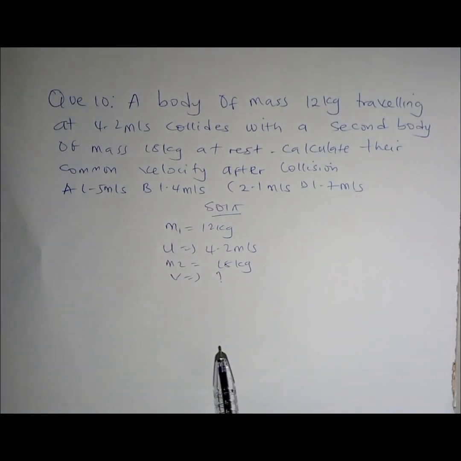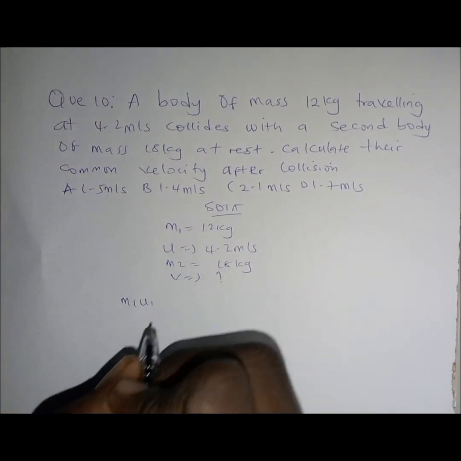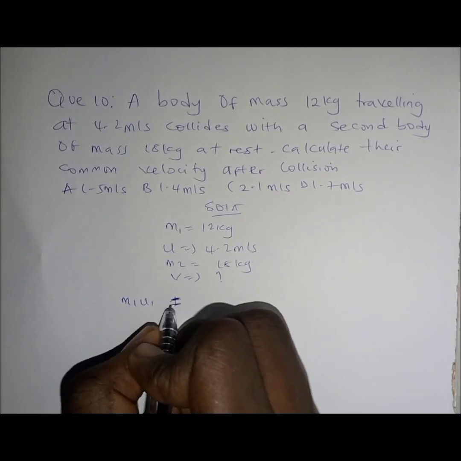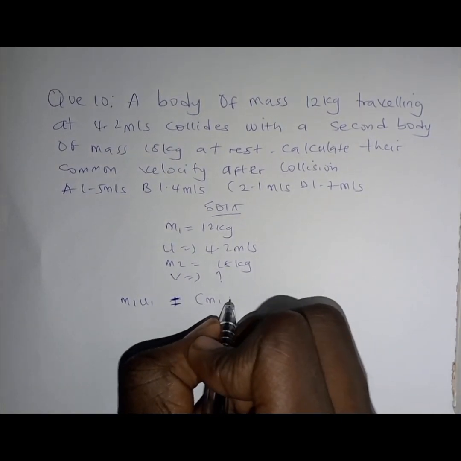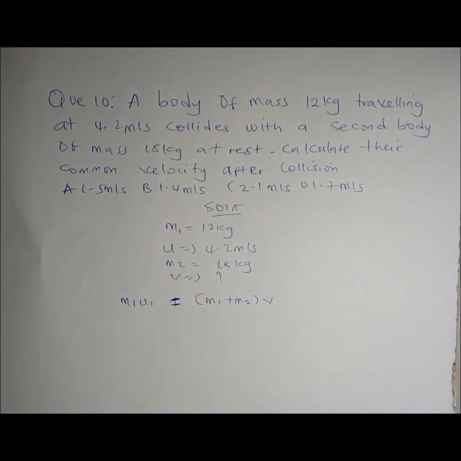Now when two bodies are colliding and one body is at rest, the formula for collision becomes m1u1 equals (m1 plus m2)v. Please take note of this formula carefully.